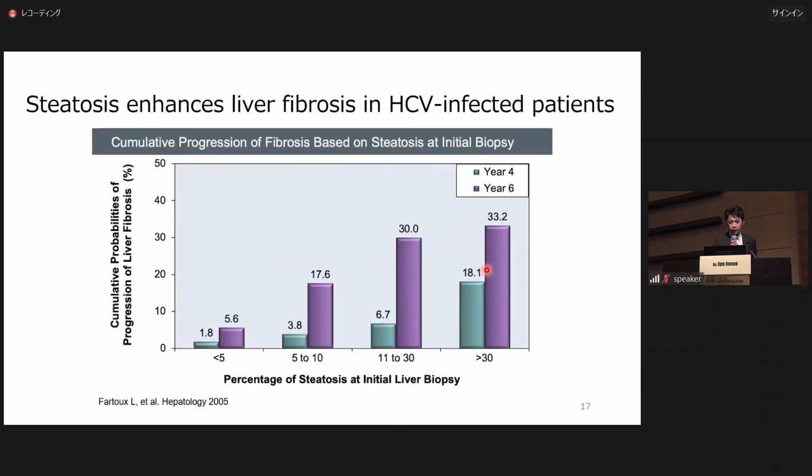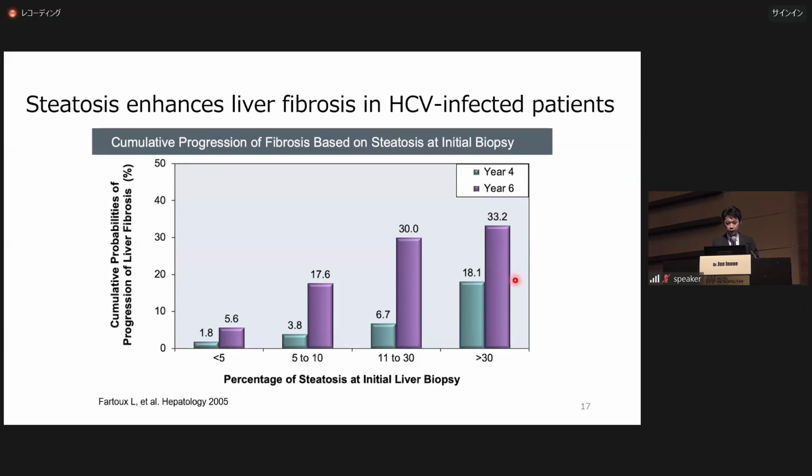Also, steatosis enhances liver fibrosis in HCV-infected patients. If the patient has more than 30% steatosis at initial liver biopsy, more than 30% of patients developed progression of liver fibrosis in 6 years.